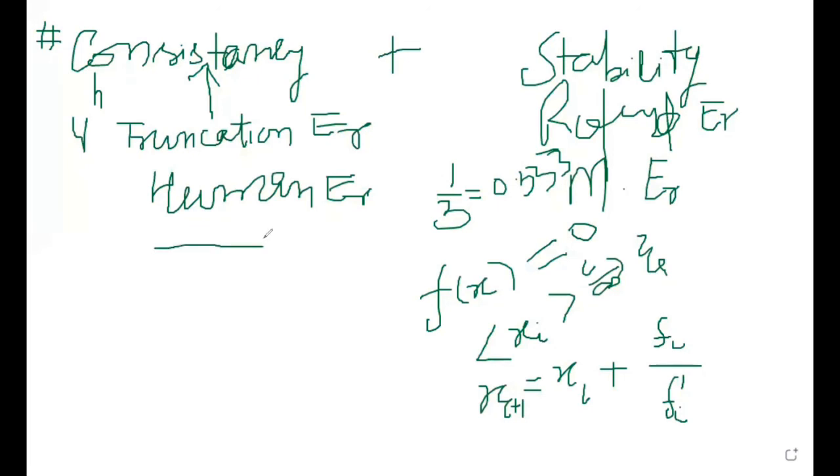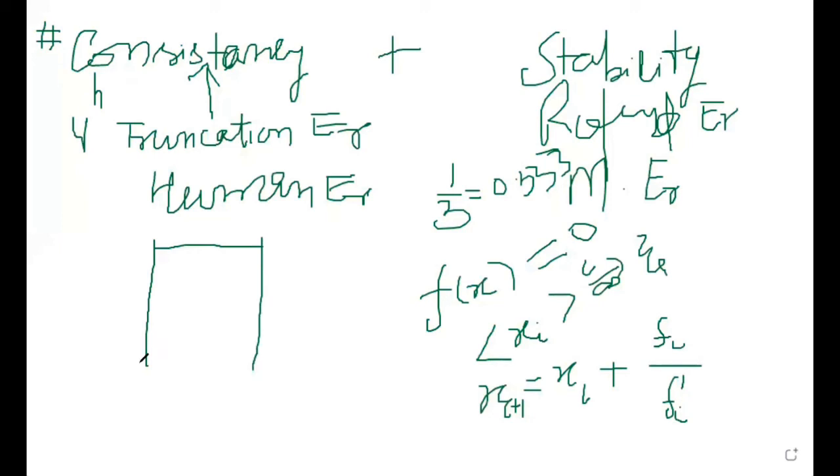Basically, the first thing we are approximating is the continuous. The first thing we are doing is discretizing.